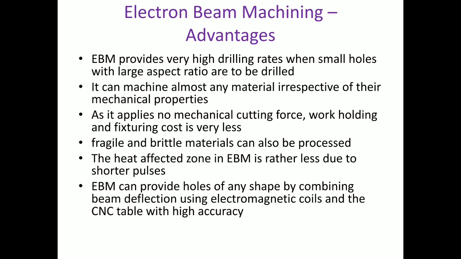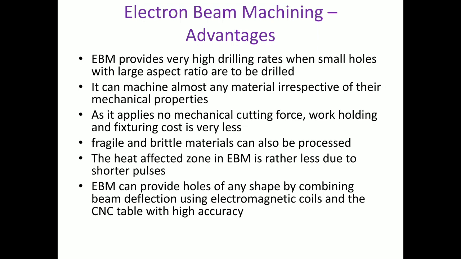Large aspect means the L by D, the length of the hole as compared to diameter, can be greater. So length can be greater than the diameter, thin holes of long length, that is large aspect ratio drilling.